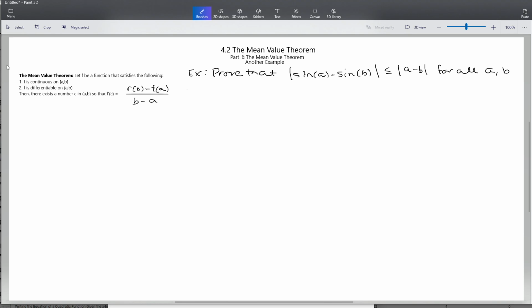So the first thing we're going to do here in the proof is decide which one of A and B is larger.